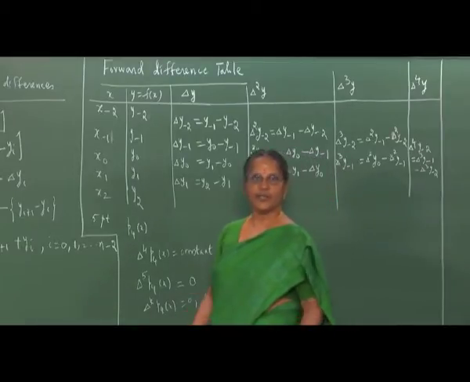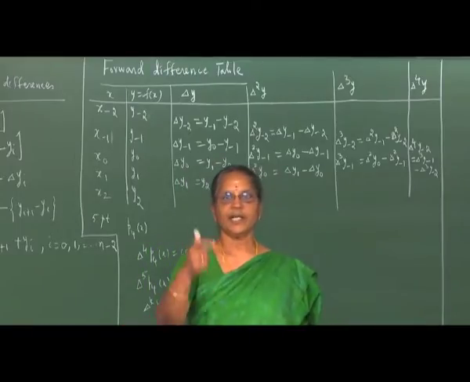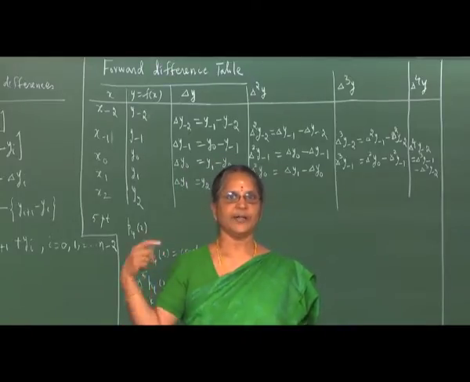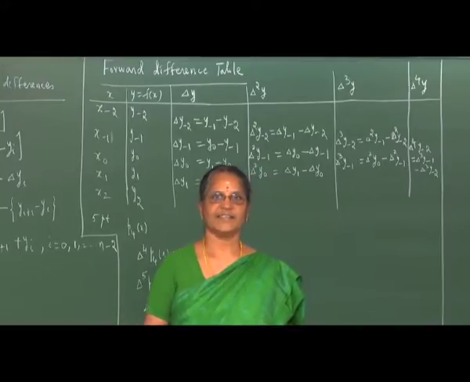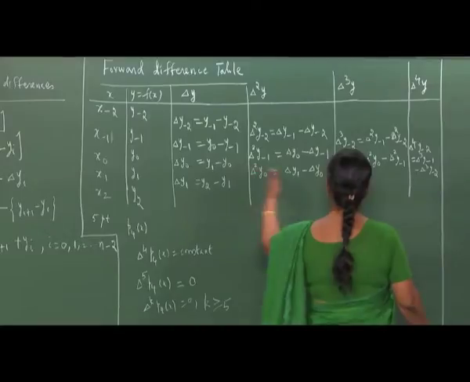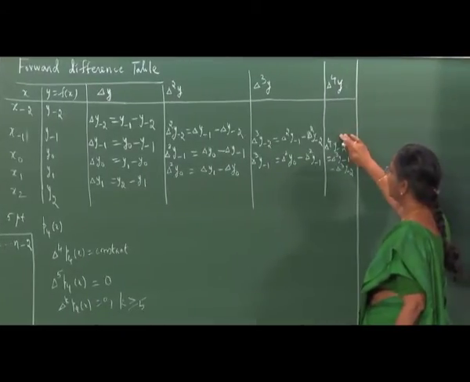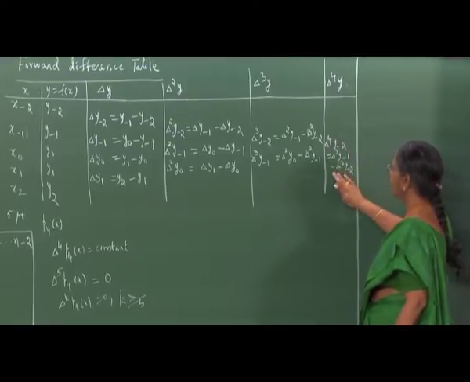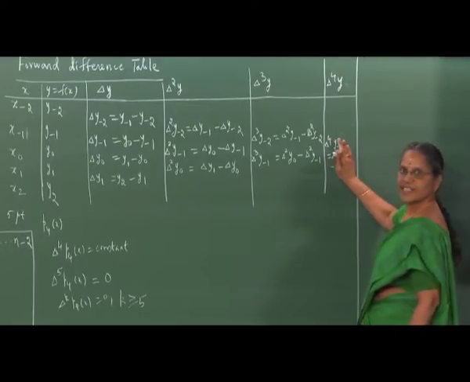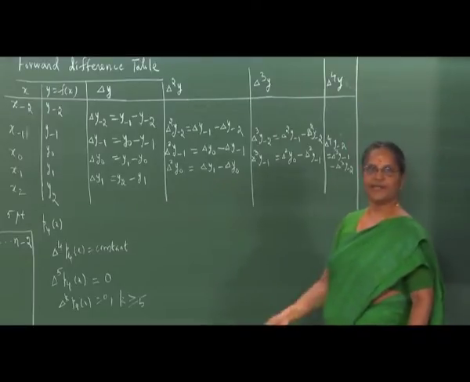This result will be used when we find the interpolation polynomial that interpolates this function at a set of discrete points. And you also observe from this table that you have the 4th order difference of y computed, and this is constant, and the higher order differences will all be 0.